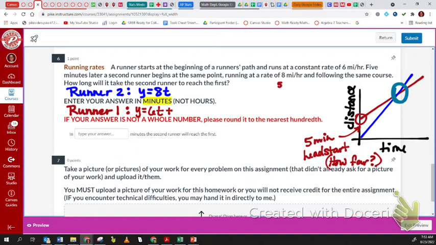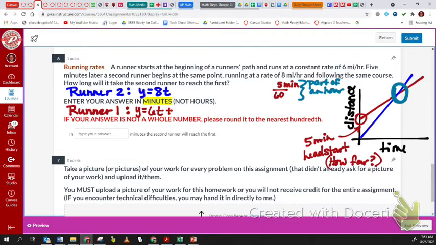So 5 over 60. Explain the 5 over 60. So 5 over 60 represents minutes, and the 60 is like instead of hours, it's 60 minutes. Yes. 5 minutes over 60 will change it into part of an hour. And that's really helpful because our rate is in what kinds of units?